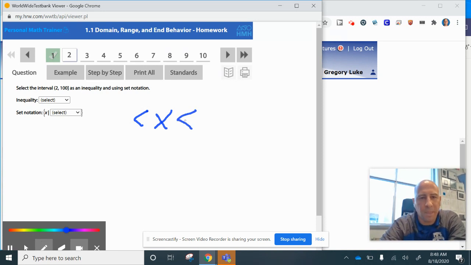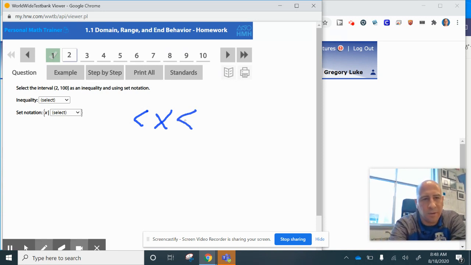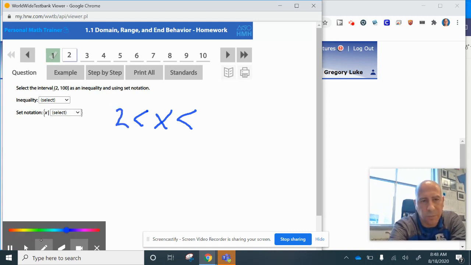The inequalities, when you're doing this, always face this direction. Now what that's saying is that x is greater than 2. Since it's a parenthesis, there's no line underneath, it's not including 2. But x is less than 100, and it includes 100 because it's a bracket, so there's a line underneath. Okay?